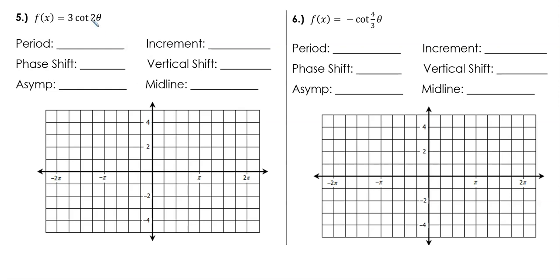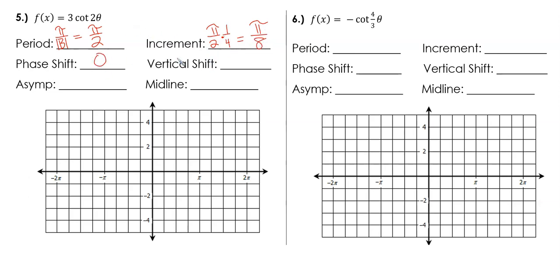Cosine and sine are 2 pi over the b. Our period for cotangent and tangent is pi over b. So this is going to be pi over 2. Our increment, we're still dividing by 4. So it's pi over 2 divided by 4, or times 1/4. So my increment is going to be every pi over 8.